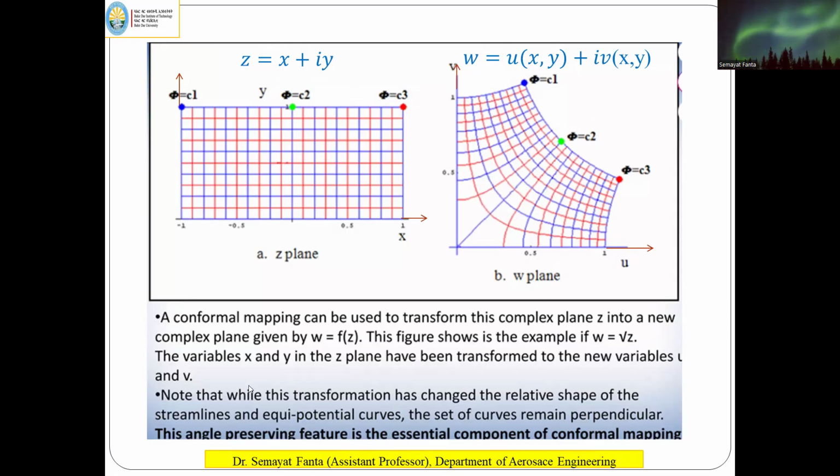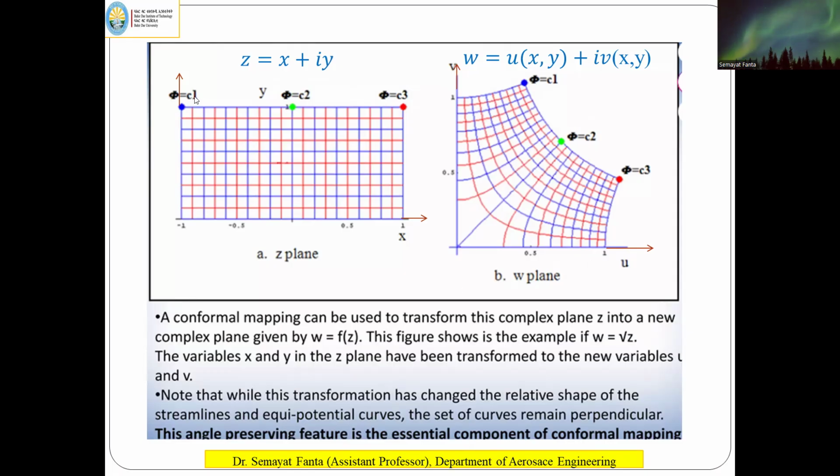So the variables X and Y in the Z plane have been transformed to the new variables U and V in the transformed plane. While this transformation has changed the relative shape of the streamlines and the equipotential curves, the sets of curves remain perpendicular.